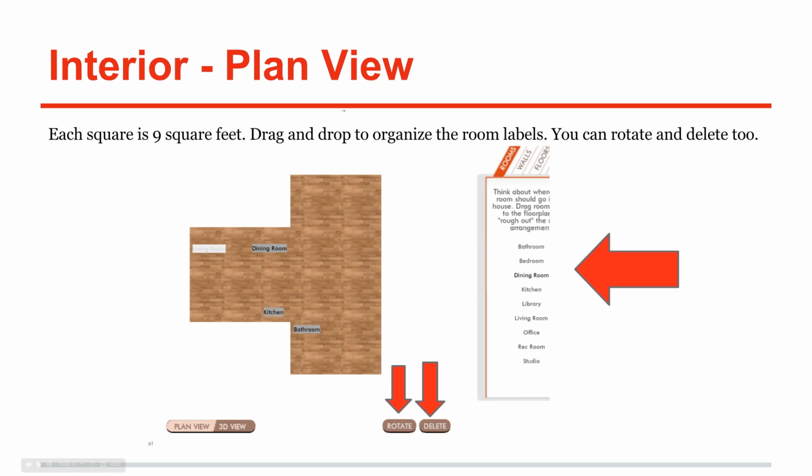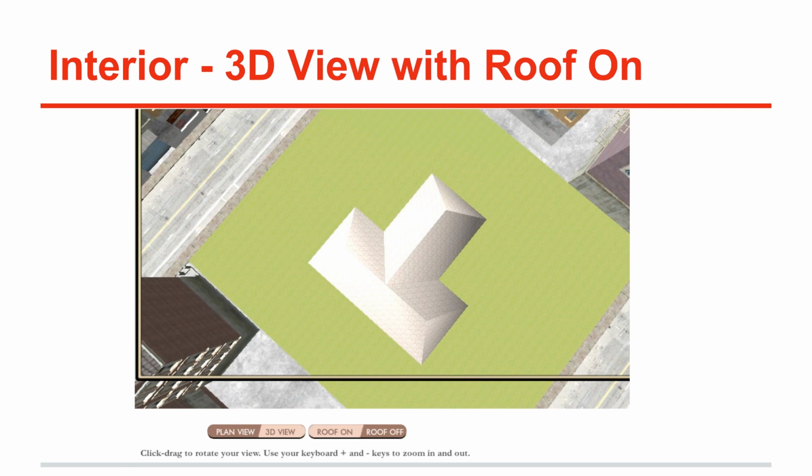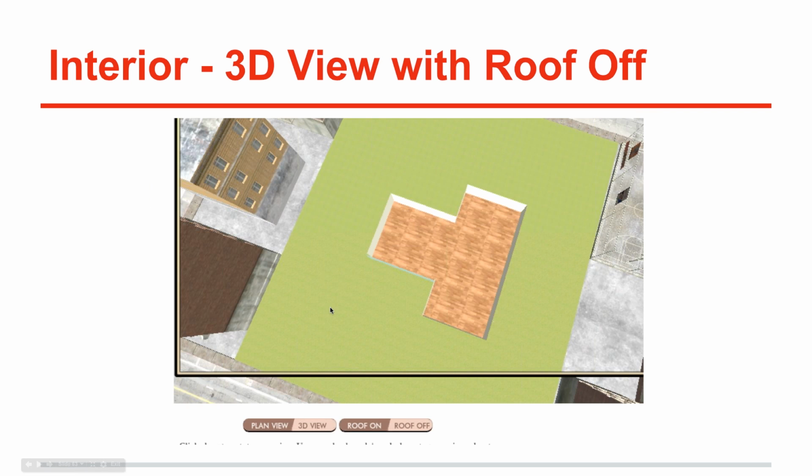You can label what you want your rooms to be, as well as pick and draw in your walls. Eventually you can see the roof on or off, and this is a feature that can give you perspective on whether you really like your layout or not.